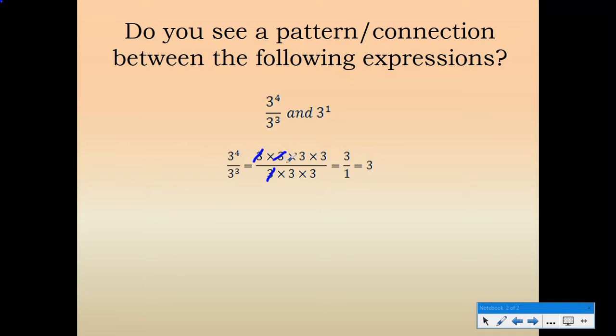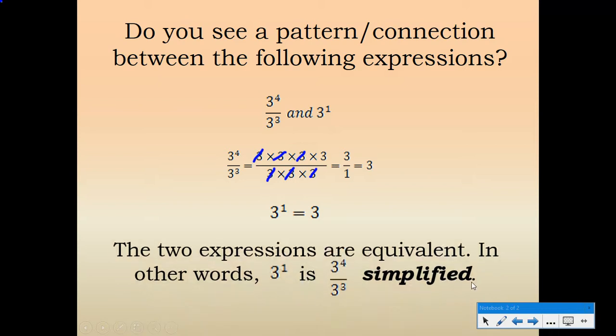So they just kind of cancel out is what most of you say, that it just equals 1. Okay, so how does that relate to 3 to the 1st power? Well, 3 to the 1st power is 1 3. So the two expressions are equivalent. In other words, 3 to the 4th over 3 cubed, or divided by 3 cubed, is 3 to the 1st when simplified.